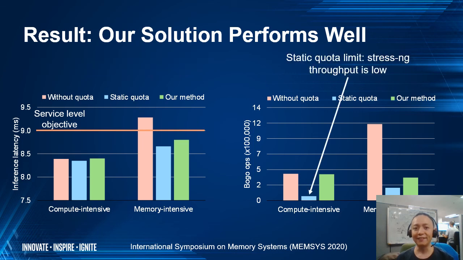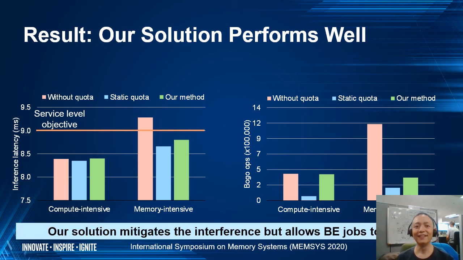On the other hand, with the static quota limit, the throughput of stress-ng is too low in the compute-intensive scenario, even if there is no memory access interference. Our solution is able to mitigate the memory access interference, but at the same time allow best effort jobs to thrive. The experiment demonstrates that this solution performs well.